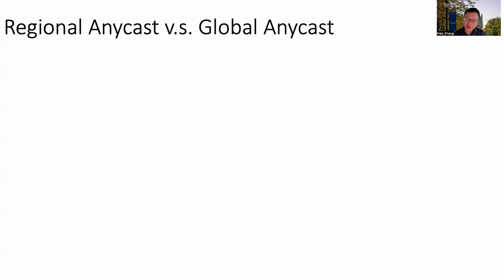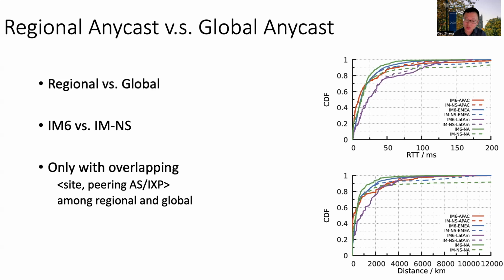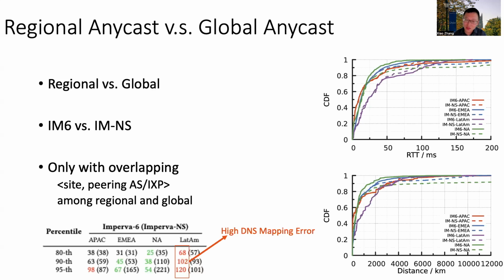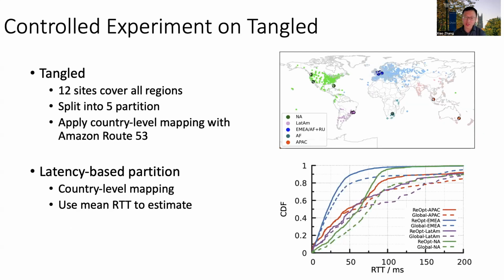The comparison result shows 2 regions, APAC and EMEA, do not have much difference, but in Latin America, regional IP Anycast performance is worse because it is impacted by DNS mapping error, which means the probes in this region tend to get the wrong regional IP Anycast prefix, which belongs to other regions.